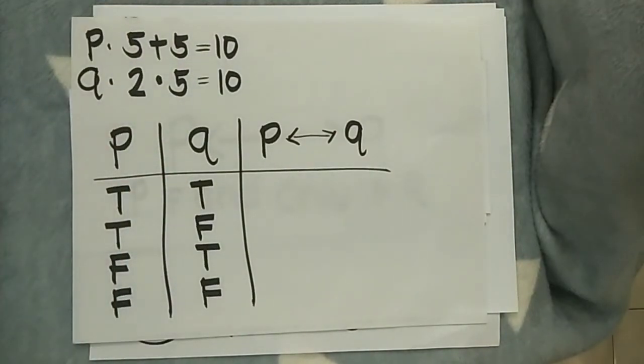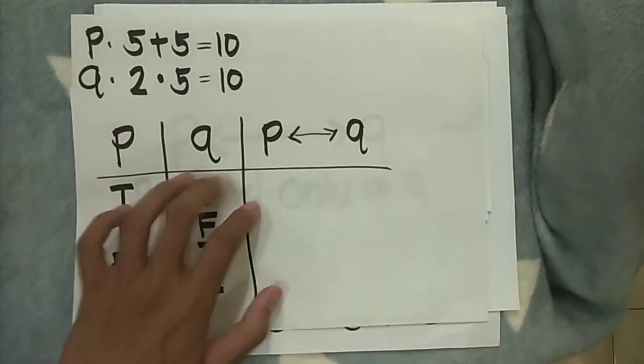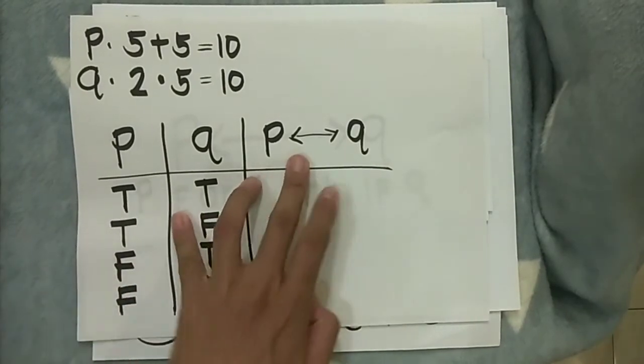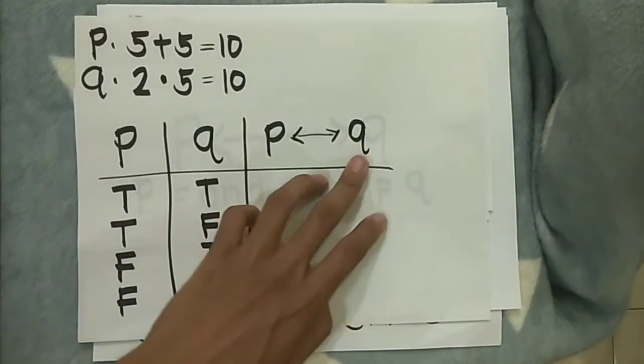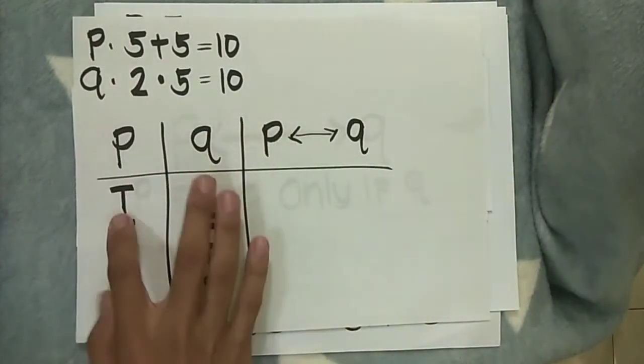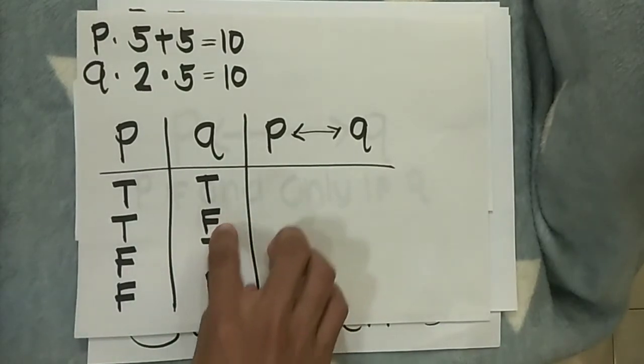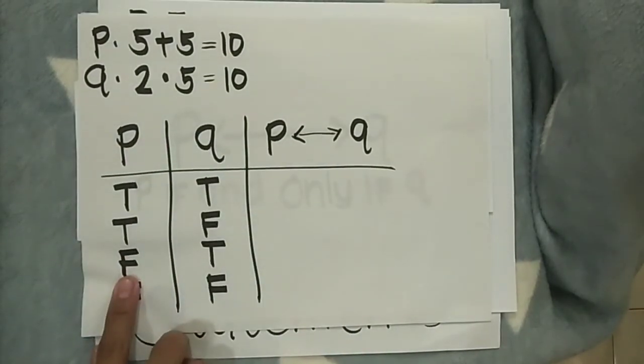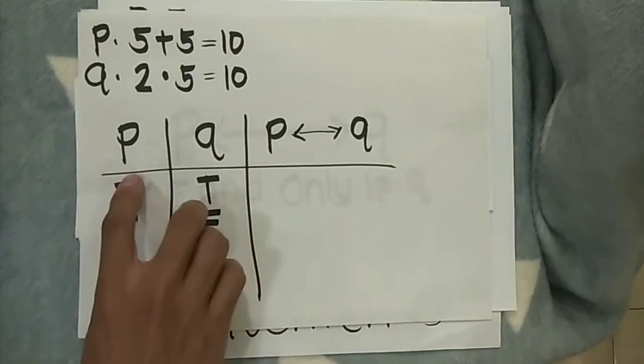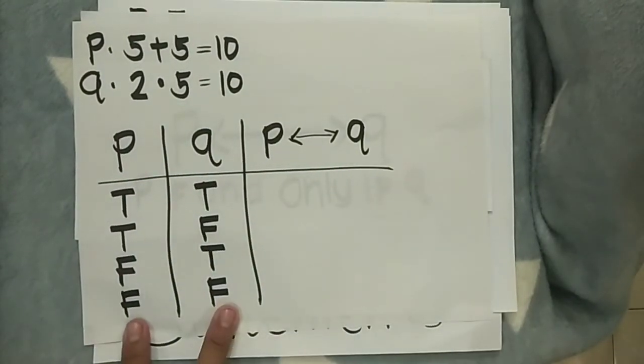Here's what the truth table for this looks like. We'll have the value for P, the value for Q, and the values for P if and only if Q. So again, P and Q might both be true, or P might be true and Q might be false, or P might be false and Q might be true, or they're both false.